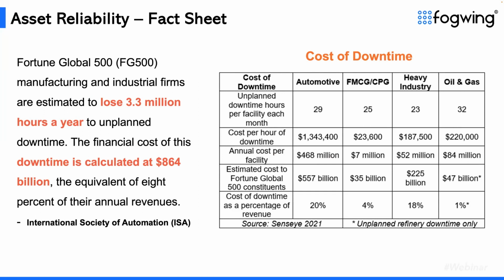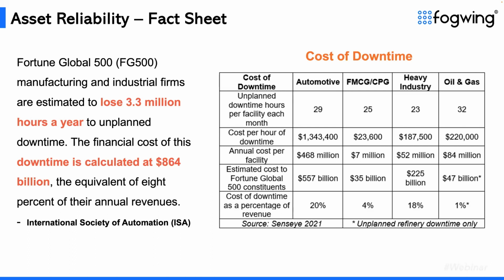According to ISA, the International Society of Automation, they published a metric which indicates that a significant amount of cost, time and effort is wasted because of unreliable assets due to asset downtime.